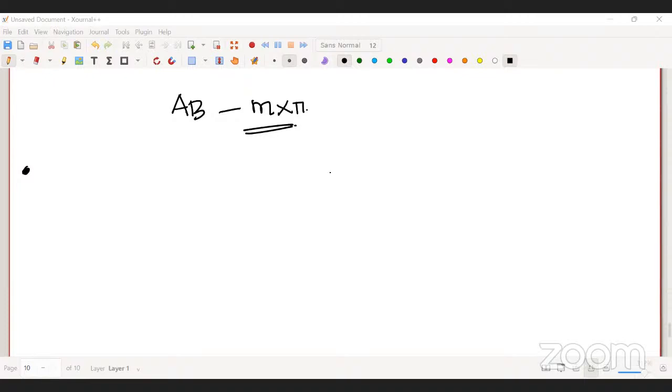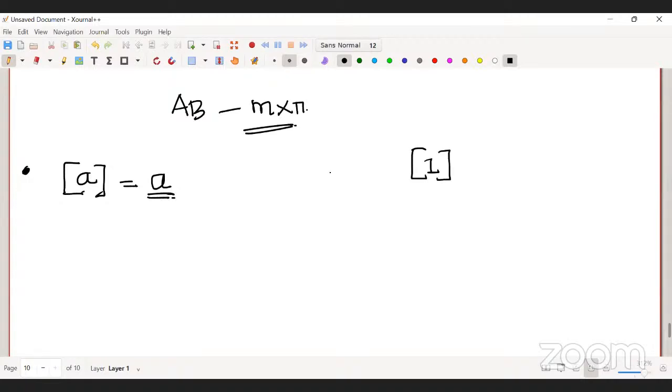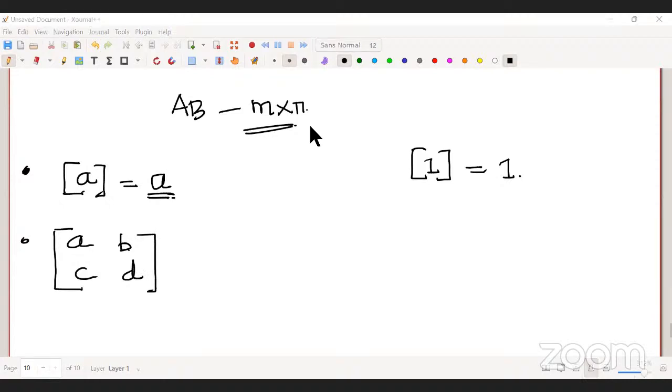For example, the determinant of a 1 cross 1 matrix is basically A itself. If I take a 2 cross 2 matrix A, B, C, D, then how do we define the determinant? AD minus BC.